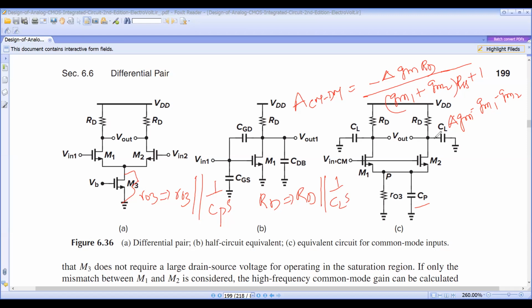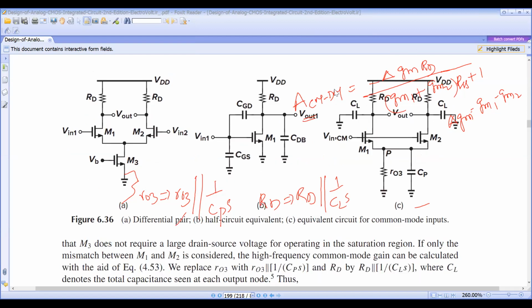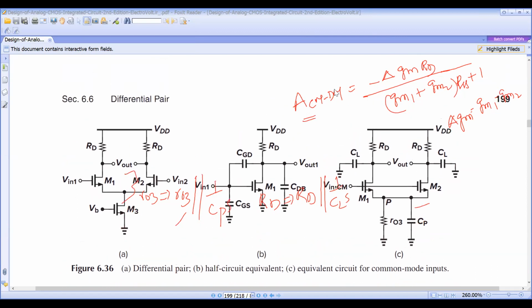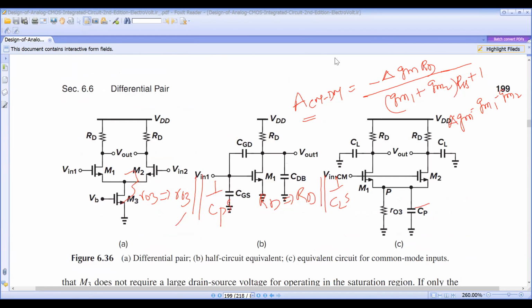So what is the CL? The total capacitance seen at each output node. Now if you substitute these values in this equation, then the voltage gain of CM is equal to minus delta GM.